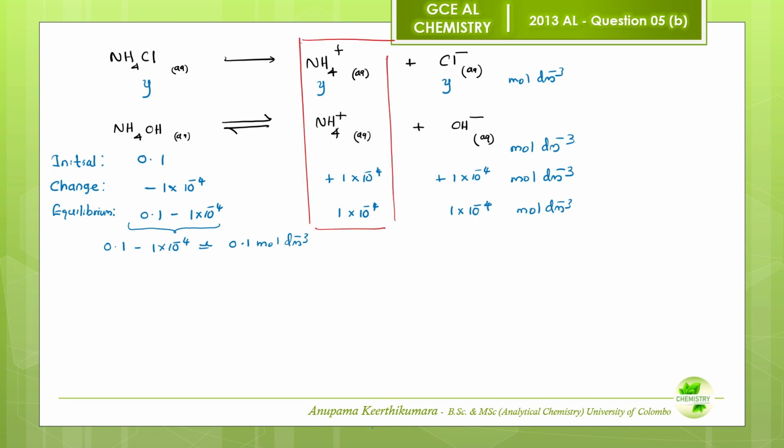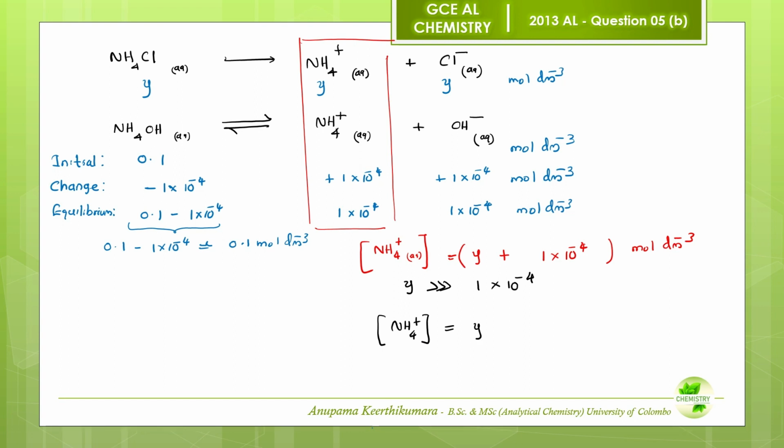Therefore, total ammonium ion concentration is Y plus 1 times 10 to the negative 4. Y is very much greater than 1 times 10 to the power negative 4. Therefore, we can write the ammonium ion concentration equals Y moles per cubic decimeter.